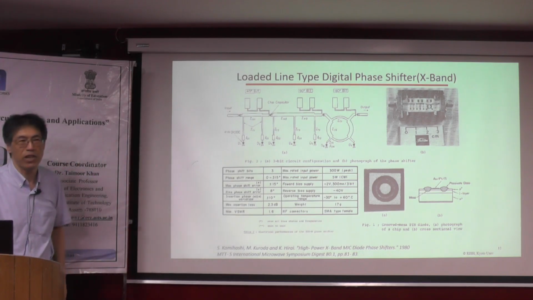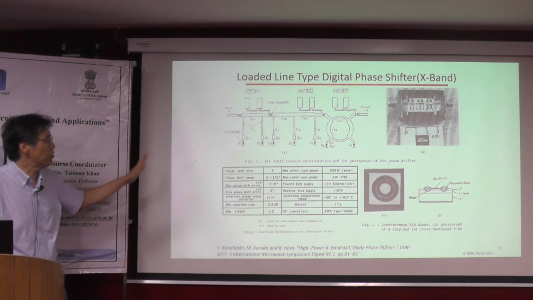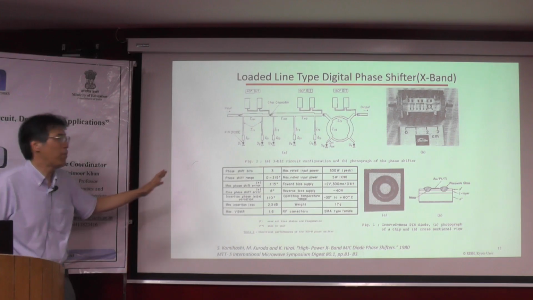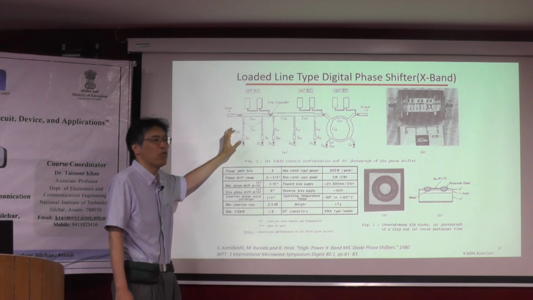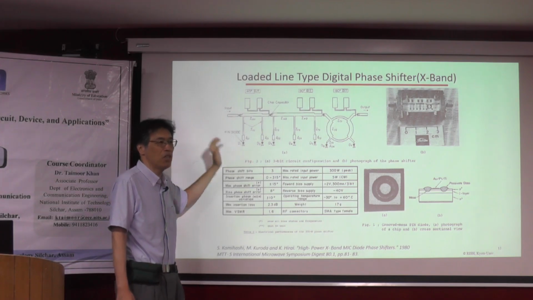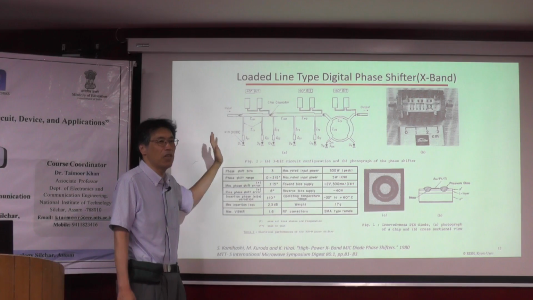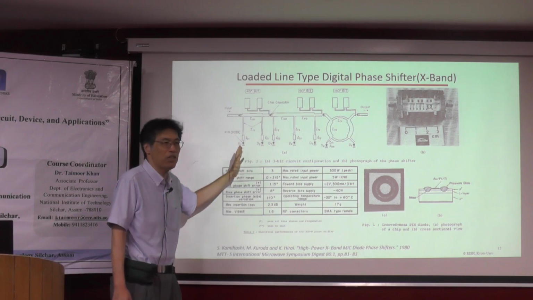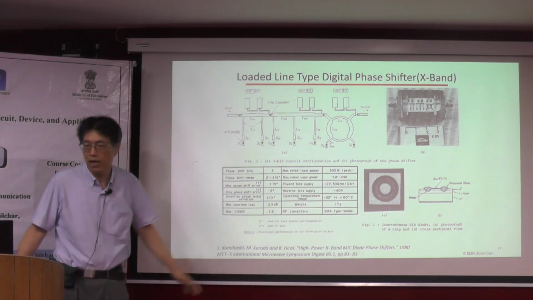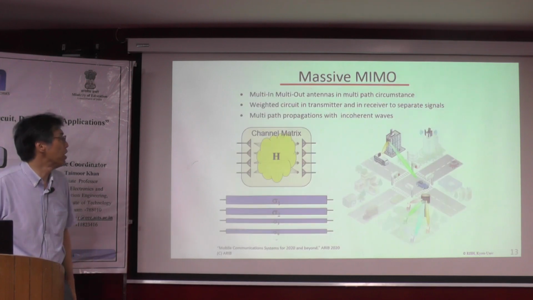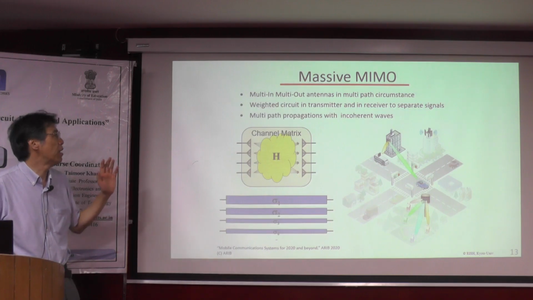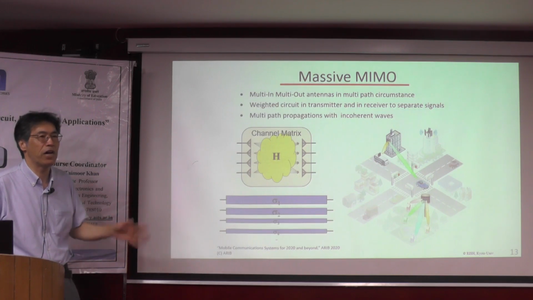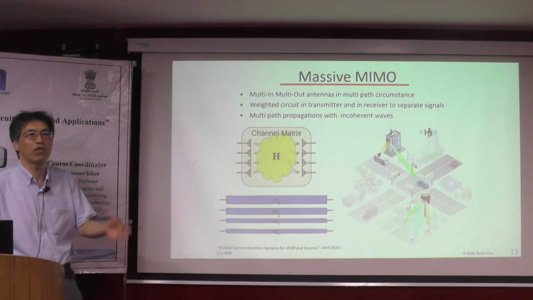So this is named a digital phase shifter, but we control the line length of the impedance as an analog value. So in this sense, this is not a digital phase shifter. This is still an analog phase shifter. Recently, some of you know the word MIMO or massive MIMO, a phased array antenna system for wireless communication.